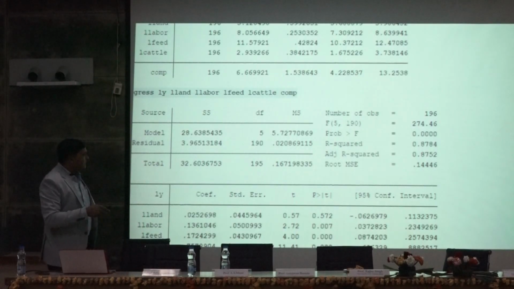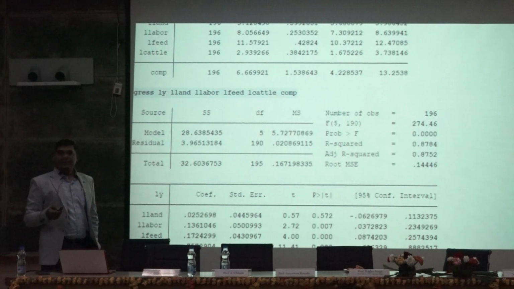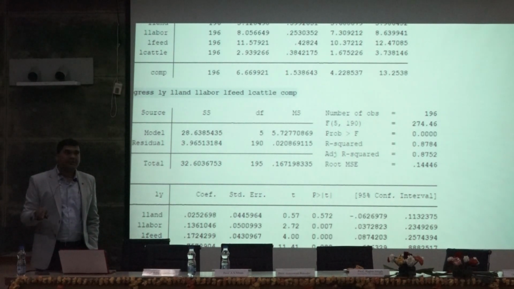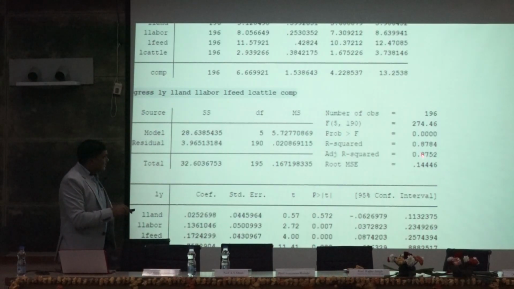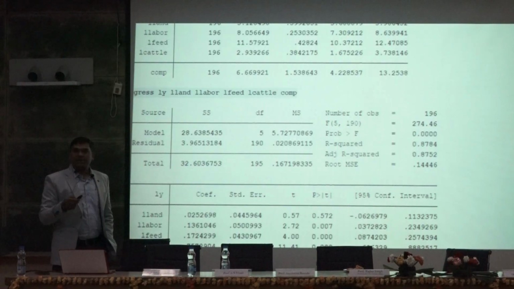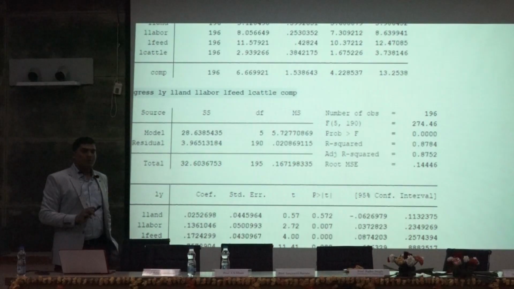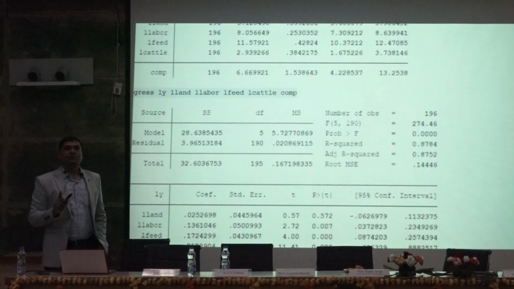So this much is the amount of variation explained by the independent variables under consideration in the dependent variable. So this is 87%. That means our model is good. Okay, this is the goodness of the model.